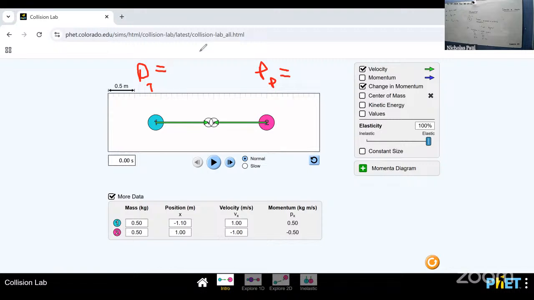Alright. So we must say that the teal is 0.5, I can't forget the SI unit, right? And the momentum of the pink is minus 0.5. Why do we have to include the minus sign? Going in opposite directions, right?